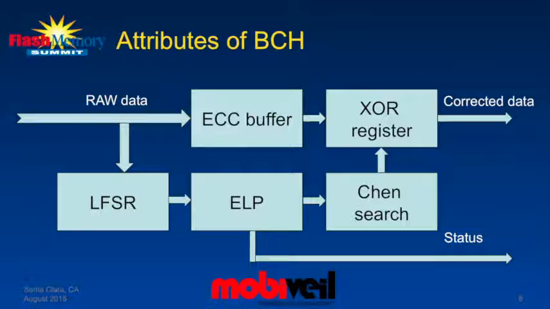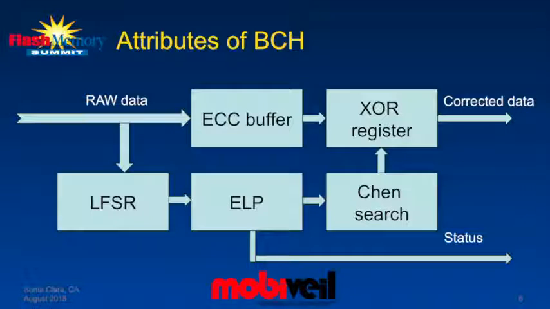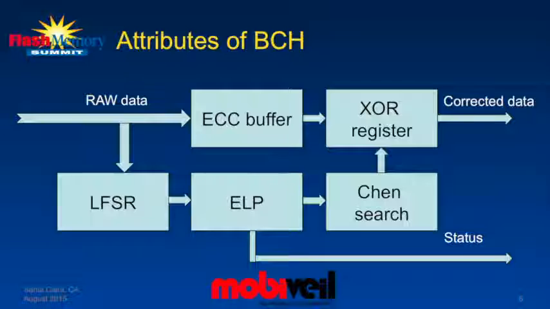Okay, BCH was interesting. It's quick, it's consistent. You can guarantee that a certain cycle after raw data appears, the corrected output will start flowing. You know, on cycle 27 that bit 5 will come out, whatever. As far as engineering is concerned, this is a dream, right? Because it behaves in a very specific way. You can optimize it. The problem with BCH is that the ELP and the chain search modules grow linearly with error correction amount.